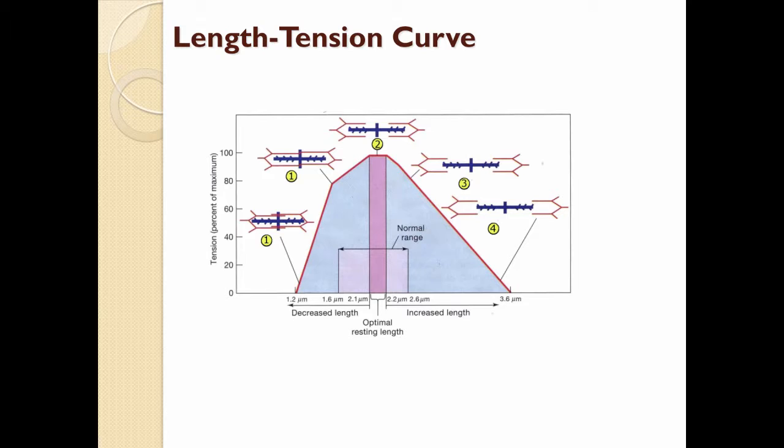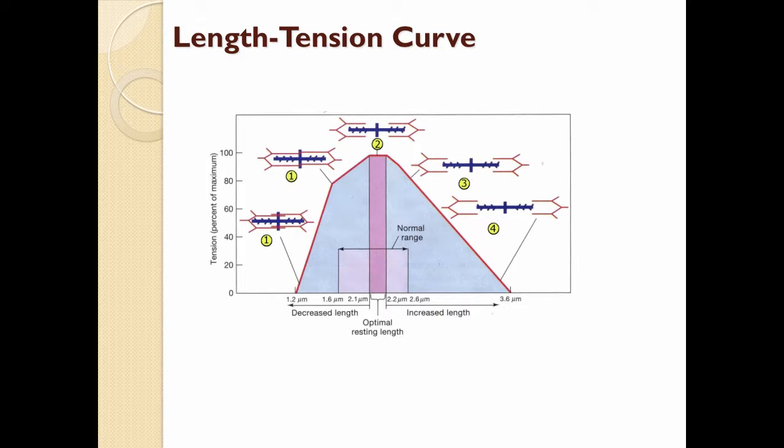So here's our length tension curve. You see right there in the middle the optimal resting length, number 2. As length decreases going to the left and increases going to the right, you see force production, or tension, on the vertical axis, dramatically decrease once you drop off from the optimal resting length. You see the normal range of the muscle length at the bottom, in the bottom box.